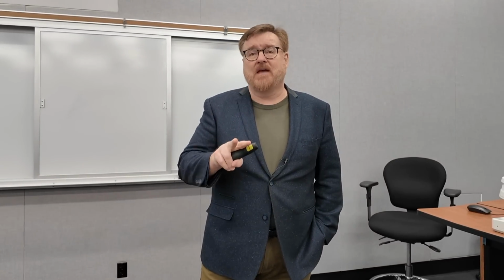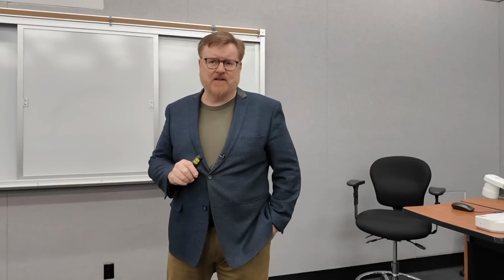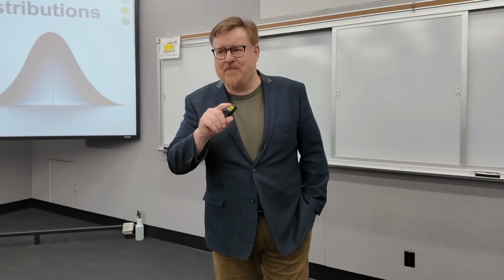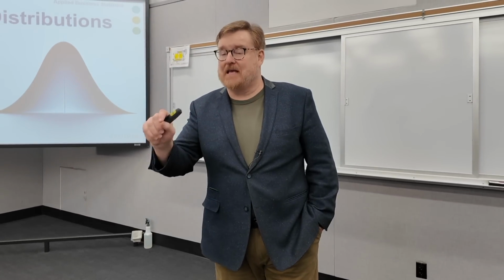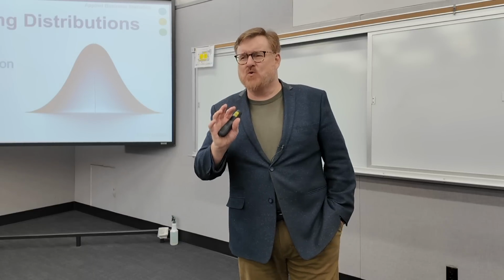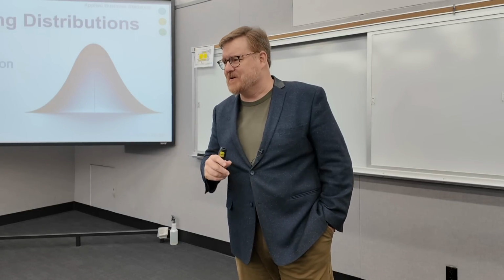There are 2 other things that I want to know about my distribution, and both of them have to do with the tails of the distribution. Let's say I come to you with a really odd statistic, and I say, I've run the numbers, and I found that the average income for everybody in this class is $120,000 a year.